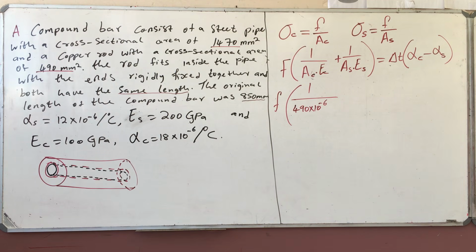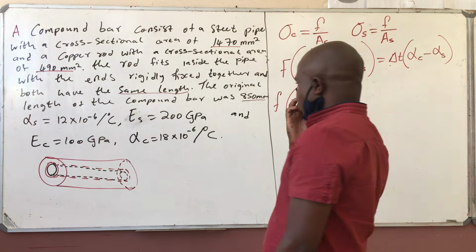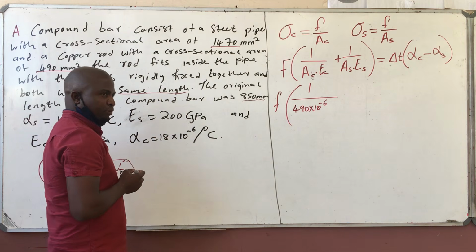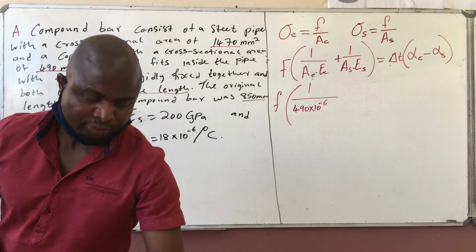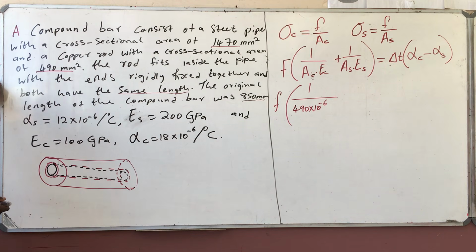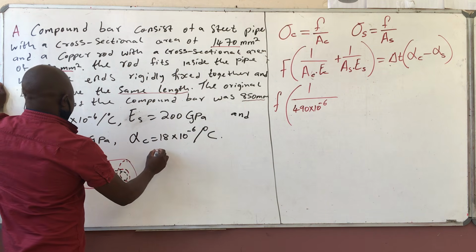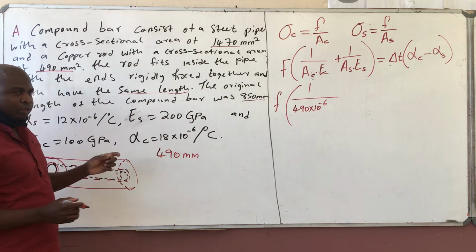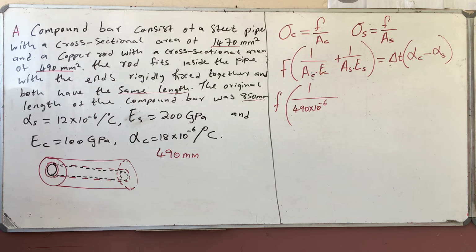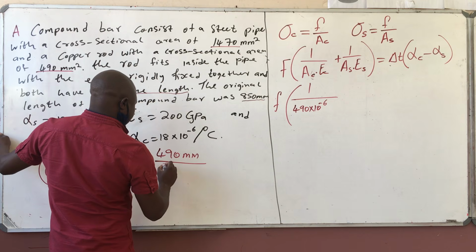Not 3. Why 6? Okay, let me talk your language. If you have 490 millimeters and you want to convert this to meters, what do you do? You divide by 1,000.